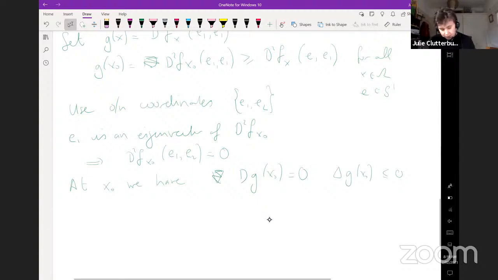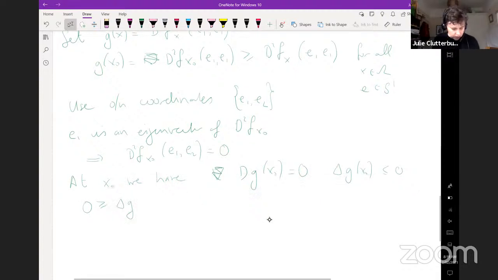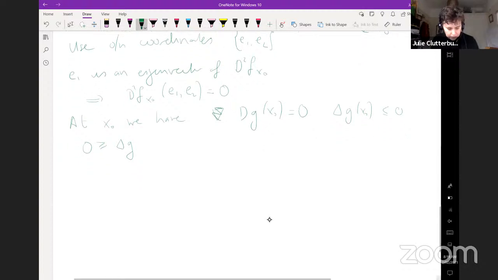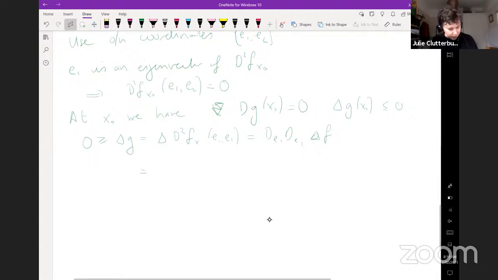And so we can calculate these, and we find that 0 is greater than or equal to, and now we just take the derivative through. And so we get derivatives of Laplacian of f. And we know what Laplacian of f is because we've worked out the elliptic equation satisfied by f.